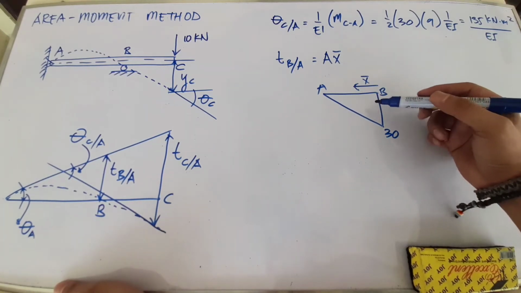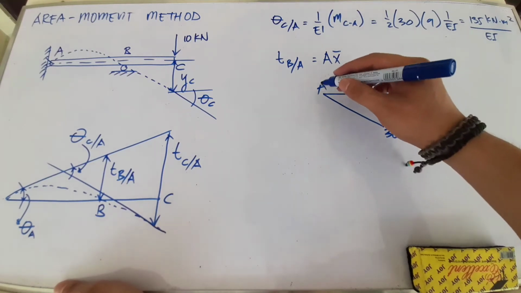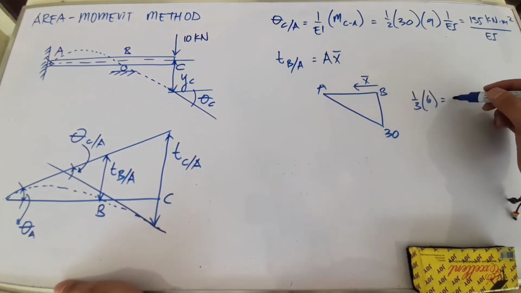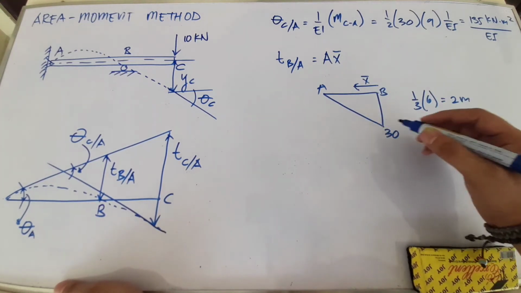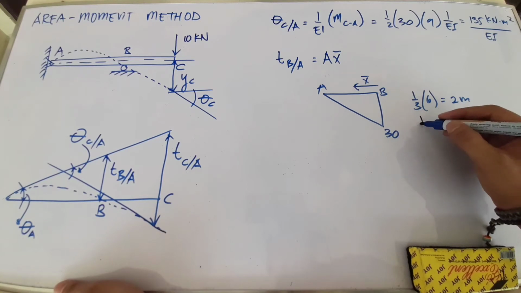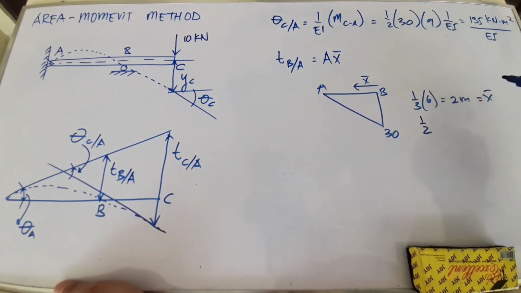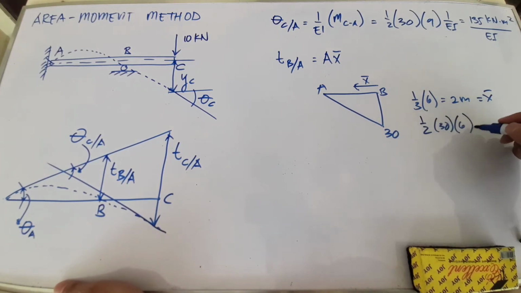Yung X bar natin, if triangle yung area natin, is 1/3 sa distance na to, which is 6. So, that's 2 meters. So, 2 meters yung X bar. Then, yung area natin dito is 1/2 base times height, 1/2 base times height na 6 meters.